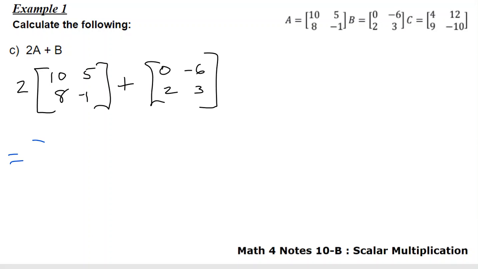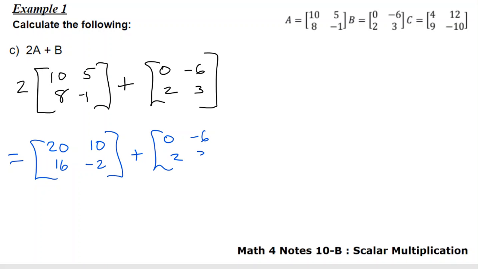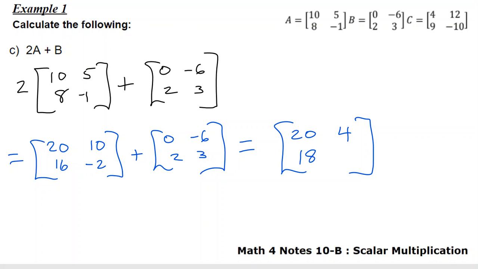And so for the first level, we're going to multiply the 2 and then we're going to add the 2 guys. 20 and 0, 10 and -6, 16 and 2, -2 plus 3. And so that is what 2a plus b is going to look like.